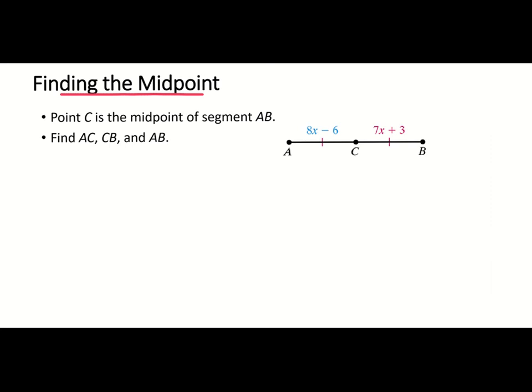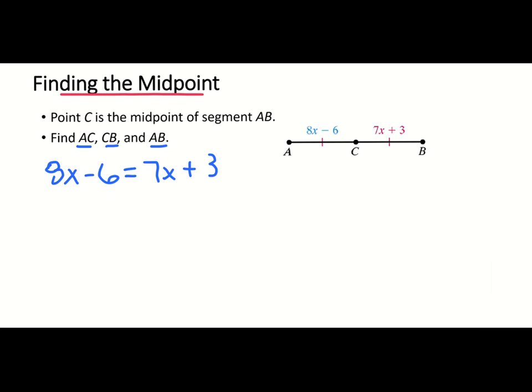Now they want me to find AC, CB, and AB. To solve this, I'm going to take the two halves that I know are equal to each other and put them equal to each other in an equation. So I'm going to do 8x minus 6 and make it equal to 7x plus 3.